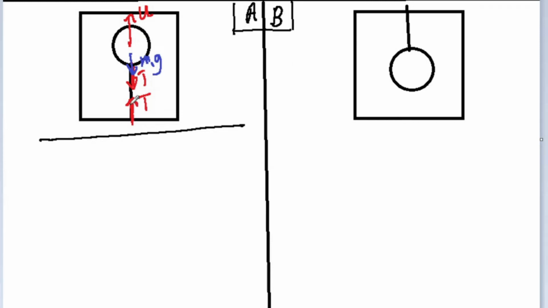So this tension will act at this point, but I'm going to mark it here on this balance, because both these surfaces are in contact, and the Newton's third law pair will transfer to this surface. So this tension will act on the balance surface.